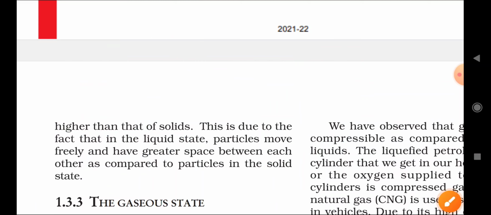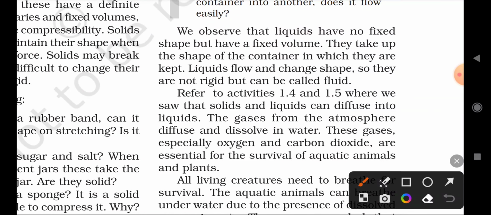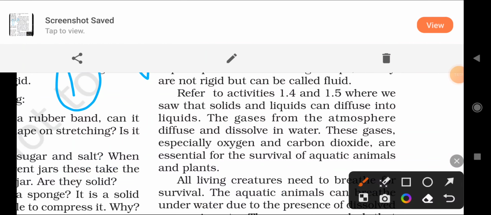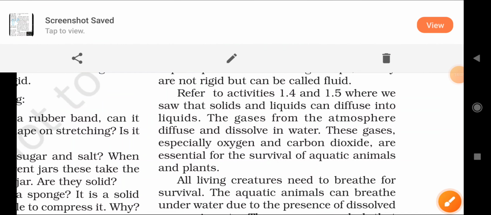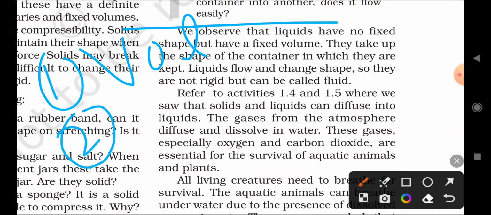From this we conclude what the properties of liquid are. First, they have a fixed volume. Second, they do not have a fixed shape, and they are not rigid.